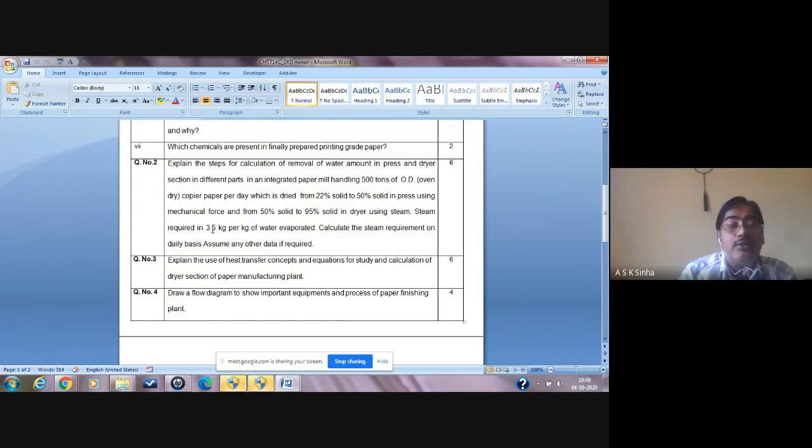Steam required is 3.5 kg per kg of water evaporated. Calculate the steam requirement on a daily basis. Assume any other data if required.